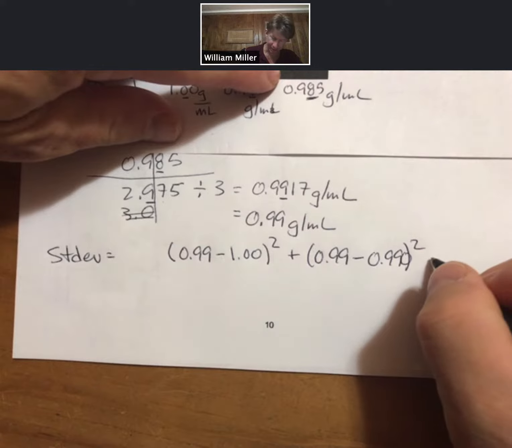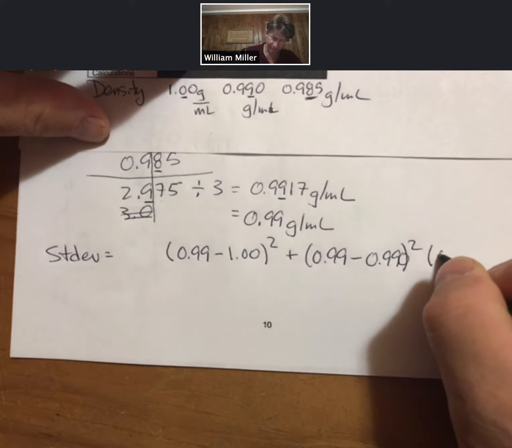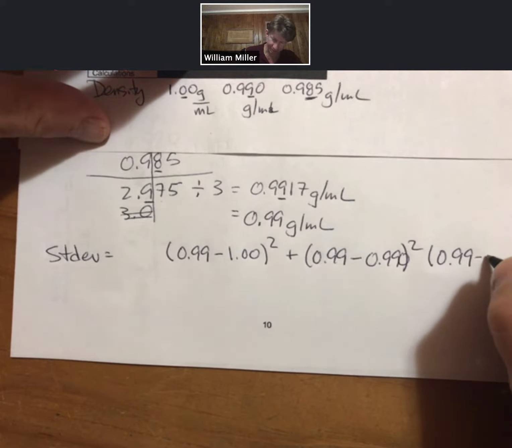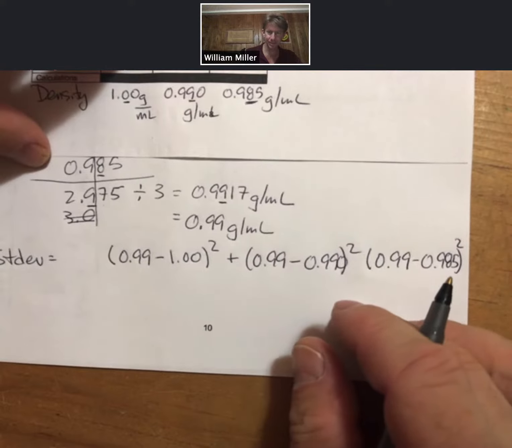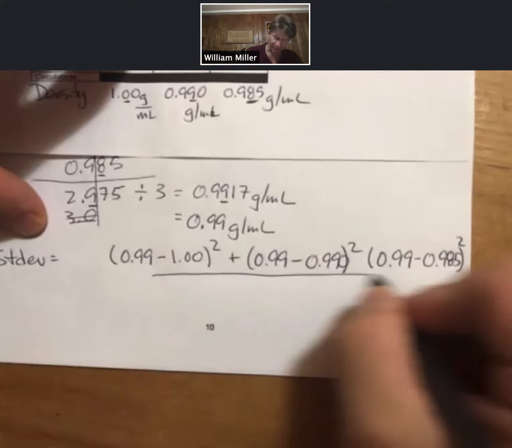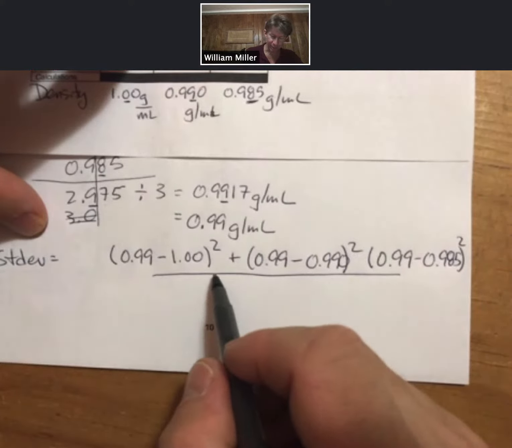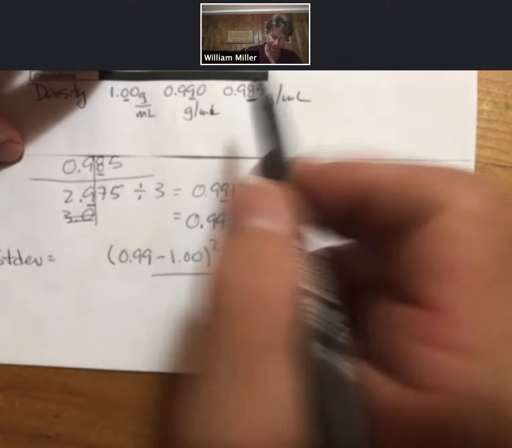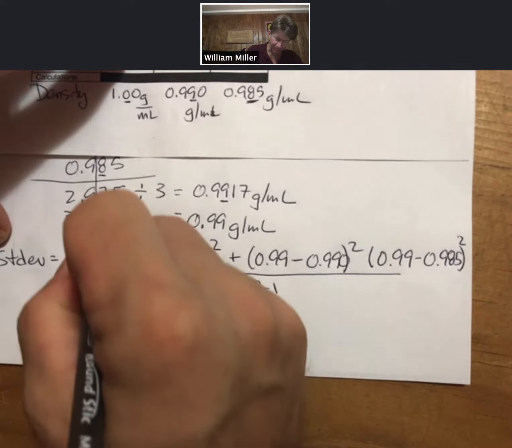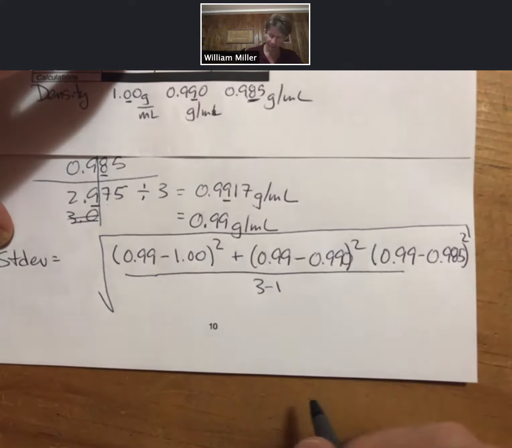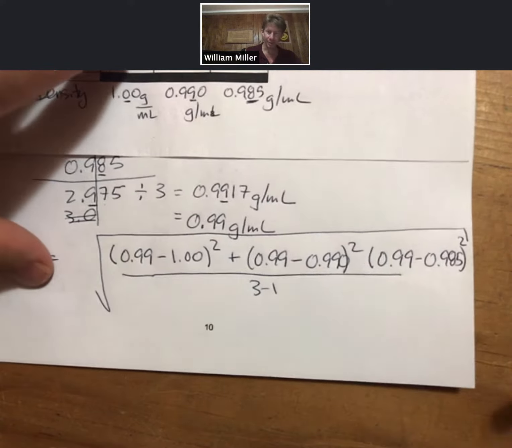And then 0.99 minus 0.985, that's squared as well. Divided by the number of values. We have 3 values minus 1, so 3 minus 1. And then that whole thing gets square rooted.